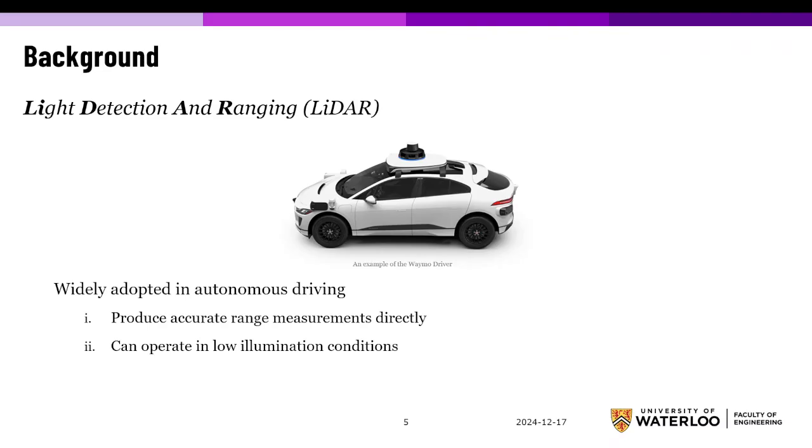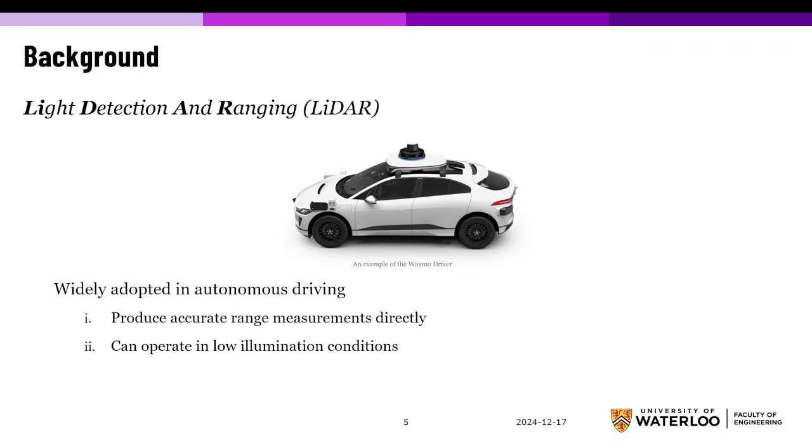Now, this type of sensor is very widely adopted in autonomous driving scenarios for two main reasons. First of all, it's able to produce accurate range measurements directly, as opposed to, let's say we want to get the range from a camera image or a stereoscopic camera images. Typically we'll use heuristics or other ways to estimate the range. But in the case of a LiDAR sensor, due to the way the sensor works, we can get that range measurement directly and more accurately compared to cameras.